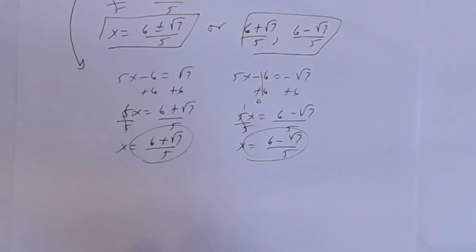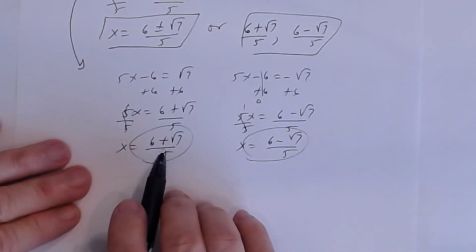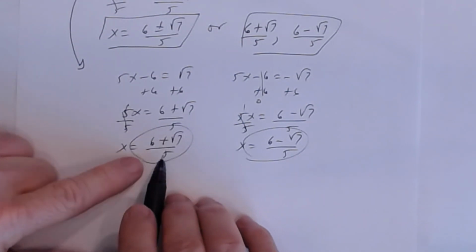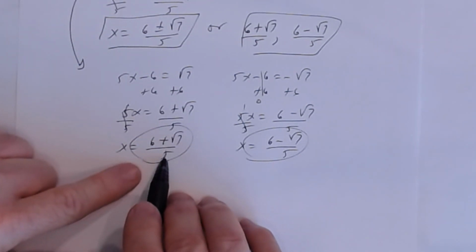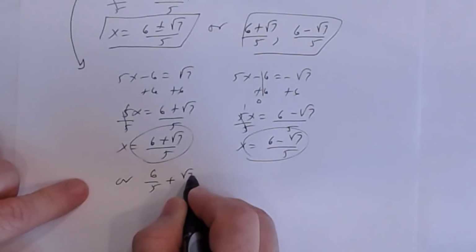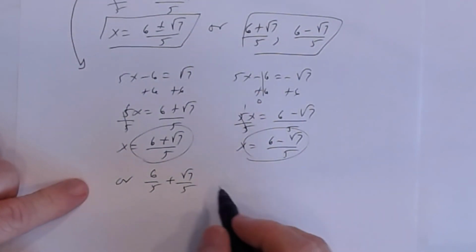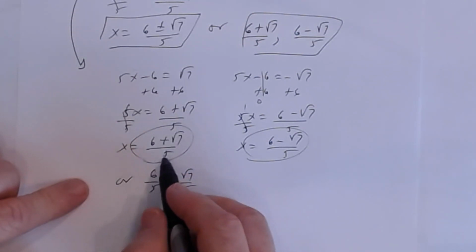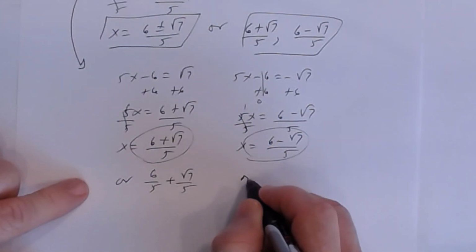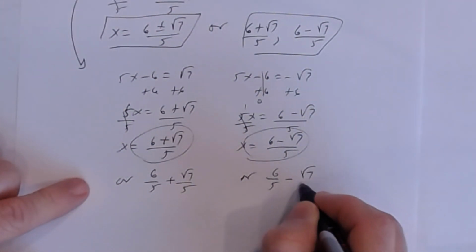But let me remind you also, you see what I have here, where I have these two terms divided by one term, a monomial. You could also say 6 divided by 5 plus the square root of 7 divided by 5. So where I have that one fraction, you can write it as the sum of two separate fractions. Same thing here. You could say 6 fifths minus square root of 7 fifths.